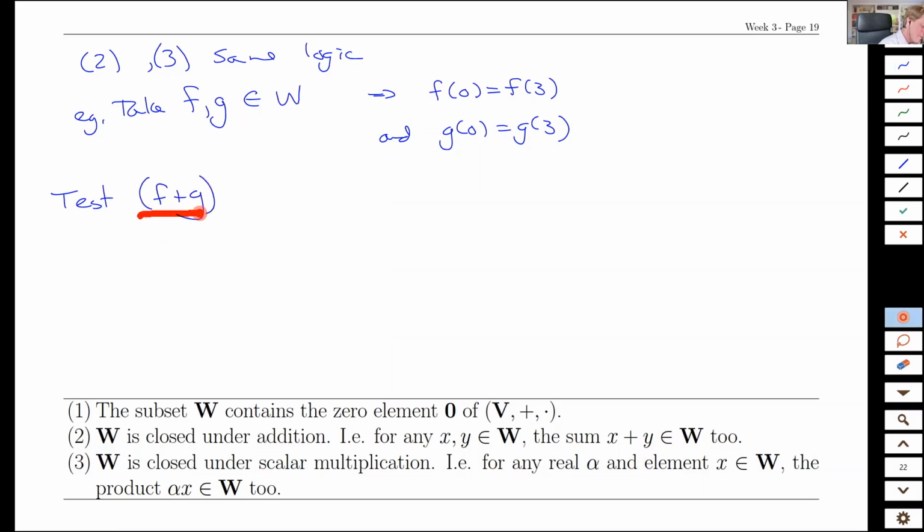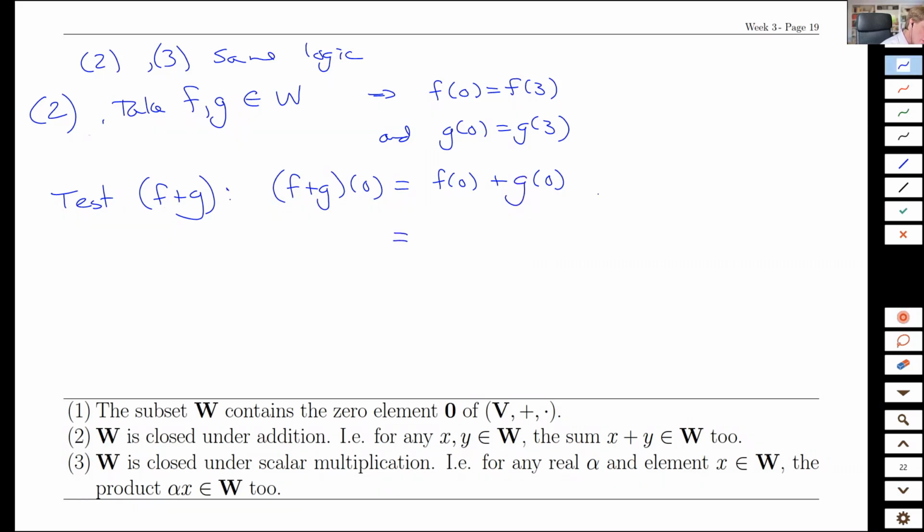We want to know if I add these two things together, let's make this a 2 here. All right, test the whole thing. Well, what do we have here? We have f plus g of 0 is the same thing as f of 0 plus g of 0. That's what it means to evaluate a function at a point. If we have a sum, we just evaluate the sum of each of the functions.